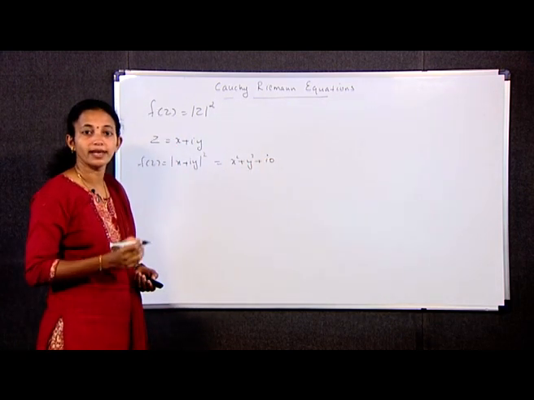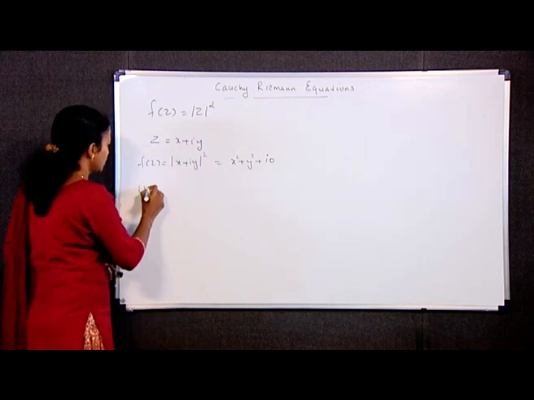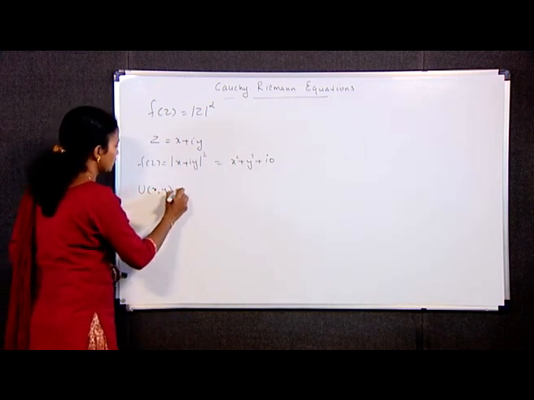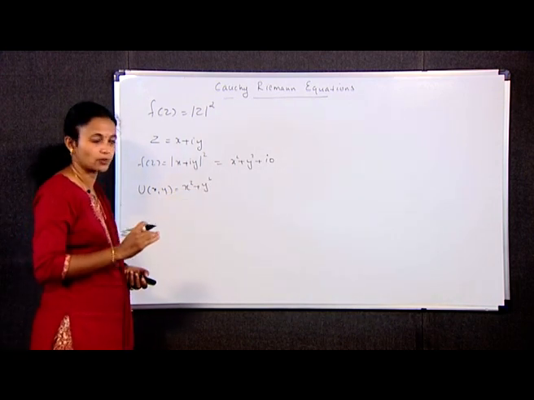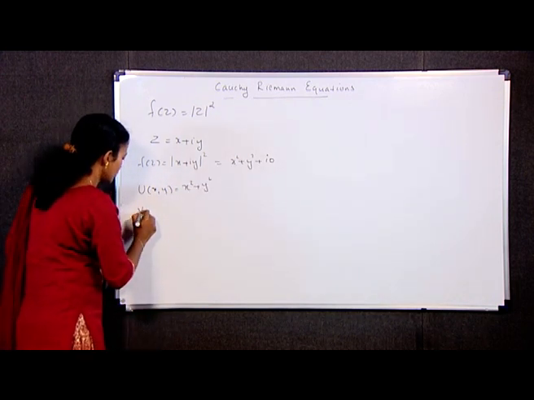We have u(x,y) is equal to x squared plus y squared, and v(x,y) is of course 0.